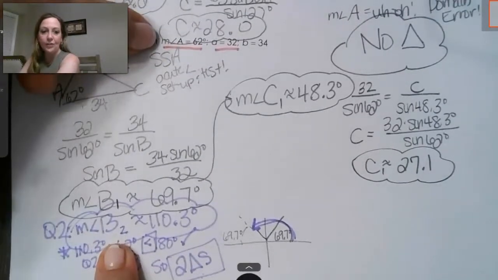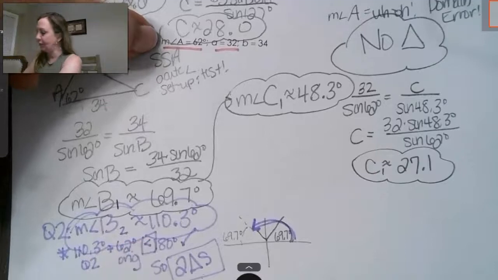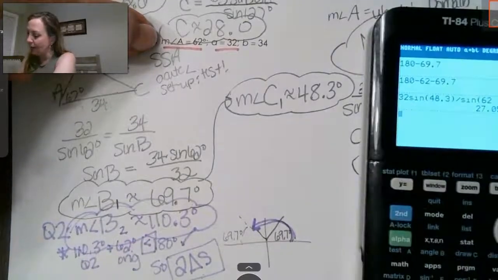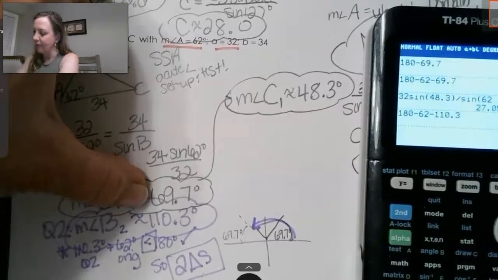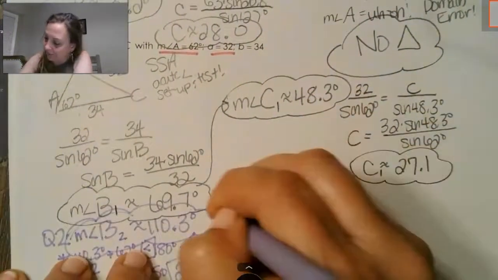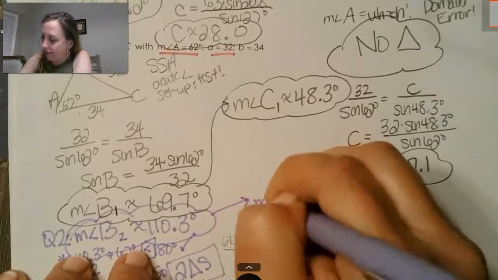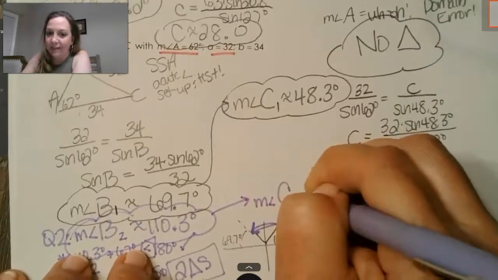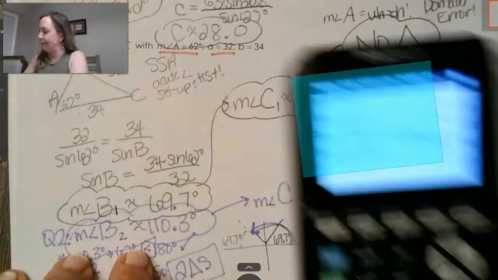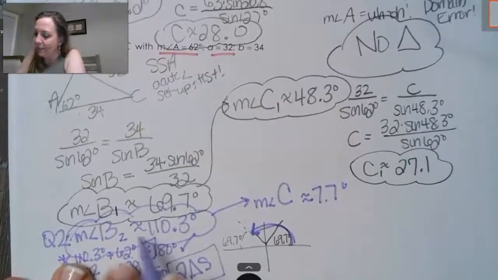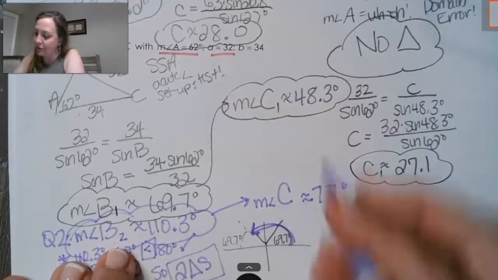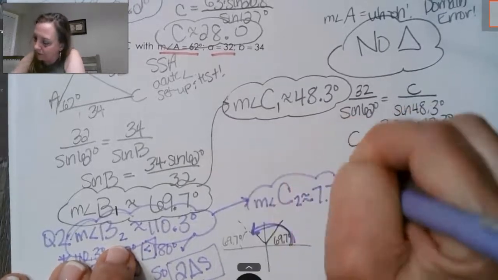Well, I have this original angle A of 62 degrees. So what I would do is take 180 minus 62, but now minus this 110.3. And this gives me another measure of angle C. And that angle, I don't know if you saw it, sorry, was 7.7. Okay, and because we got that from B2, we're going to call that angle C2.